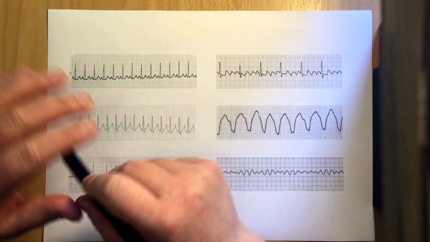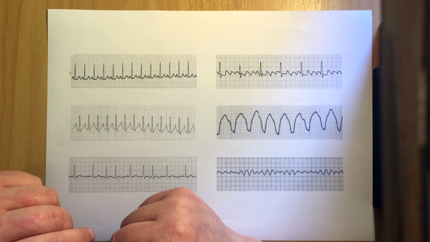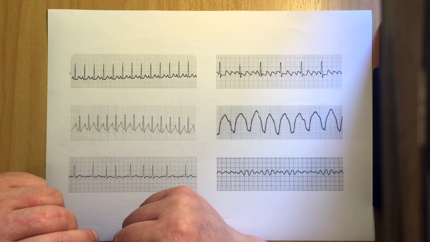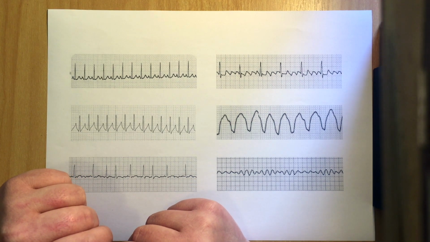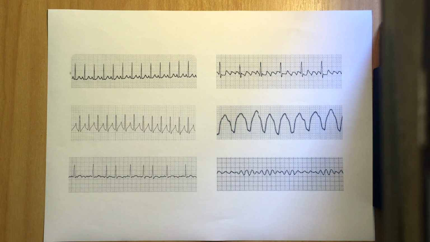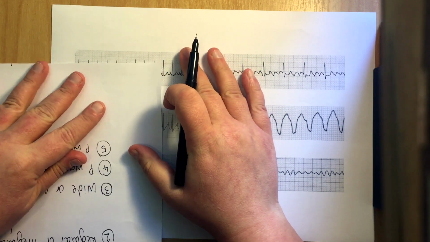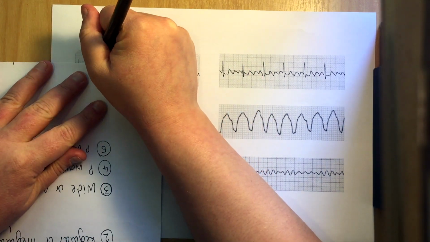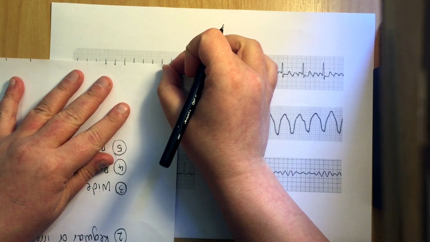Following our system, is it fast or slow? There's about 2 large squares between QRS complexes. 300 divided by 2 is about 150. Is it regular or irregular? We can do our system, and that's going to show us that it's regular.